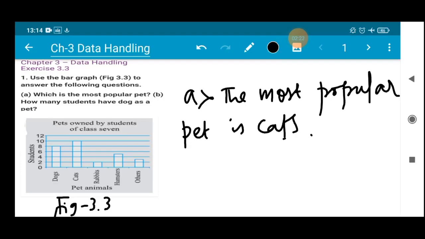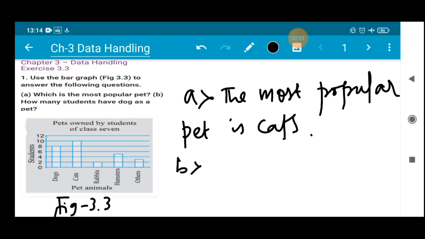You can see this bar is the tallest, and it represents the number 10. The value of this one is 8, the value of this is 2, the value of this is 5, and this is 3. This is how the numbers are represented, and according to this graph, cat covers the larger number.